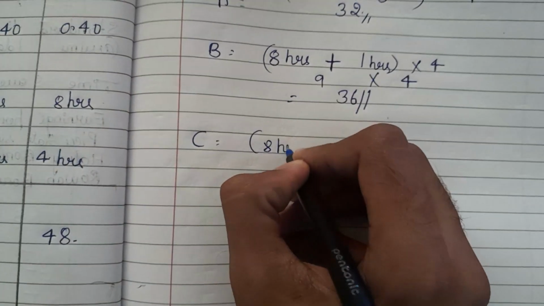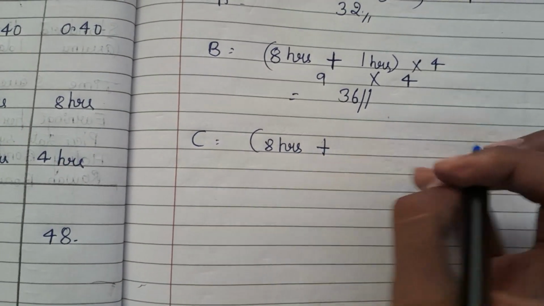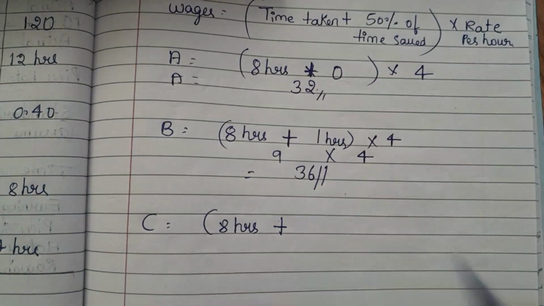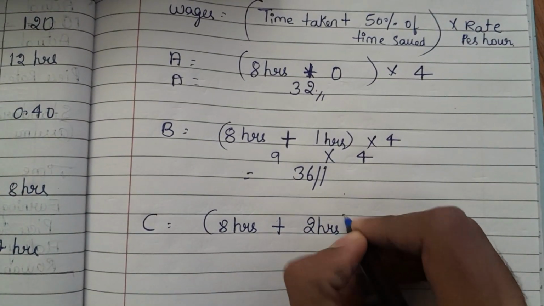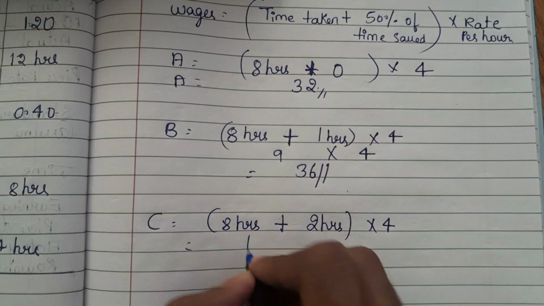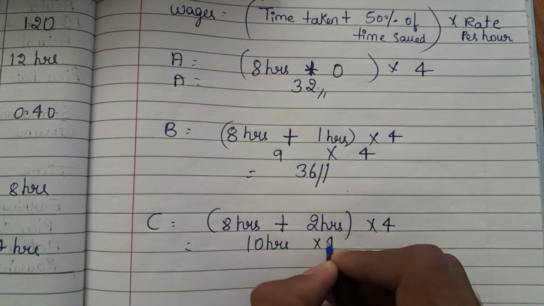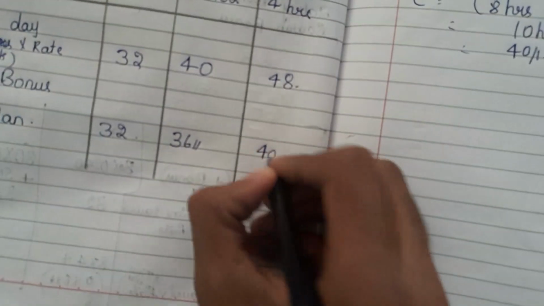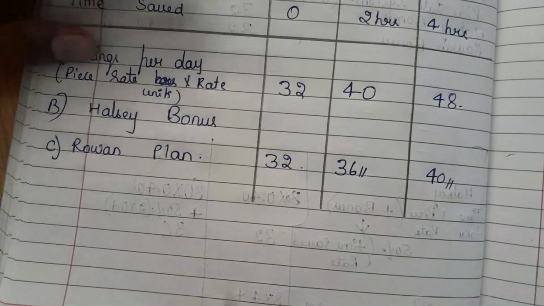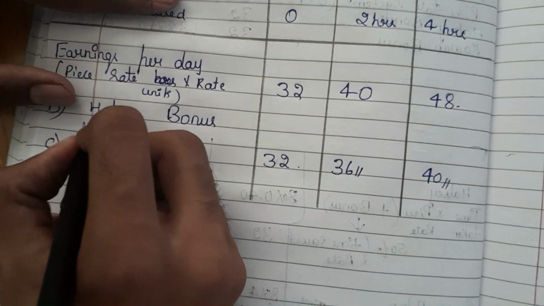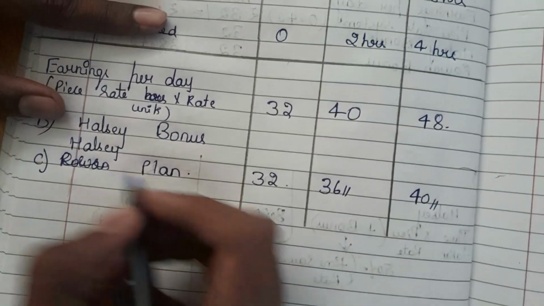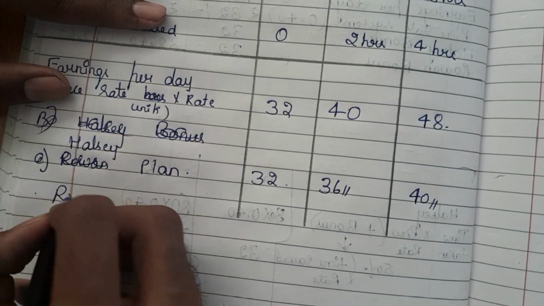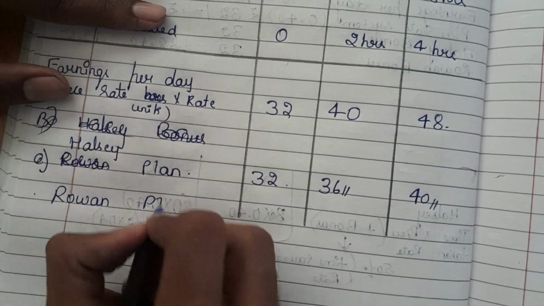The actual time allowed is 8 hours, and 50% of 4 hours is 2 hours. So 10 hours into 4 will be 40 rupees. So this is the Halsey plan.